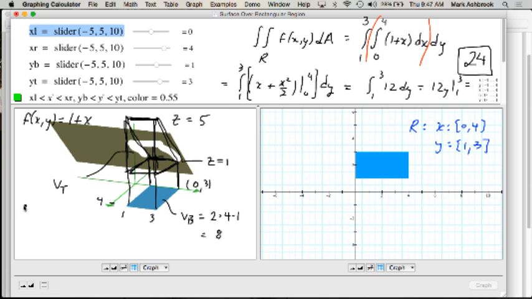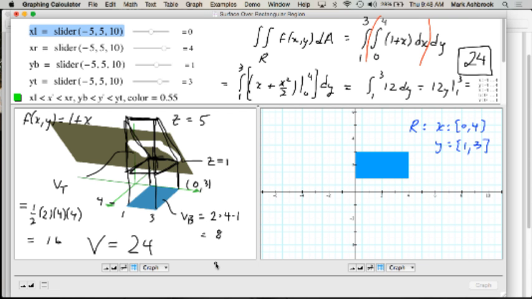Volume of the top triangle piece, T for top or T for triangle, is going to be 1/2 times 2 times 4 times this height here, which is another 4. And the 16? Beautiful. And the total?